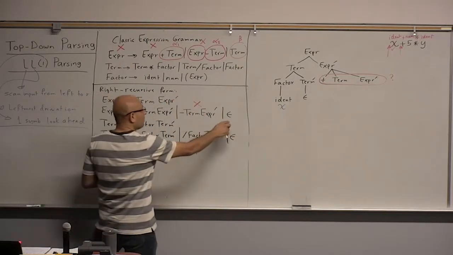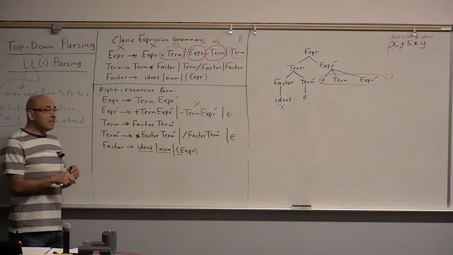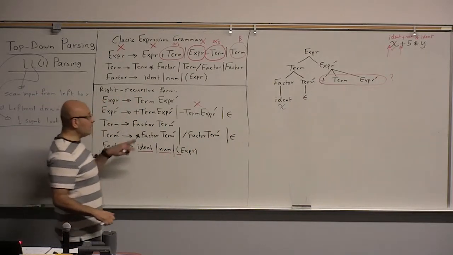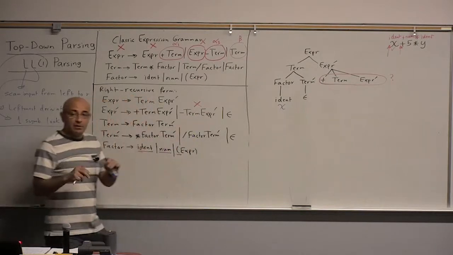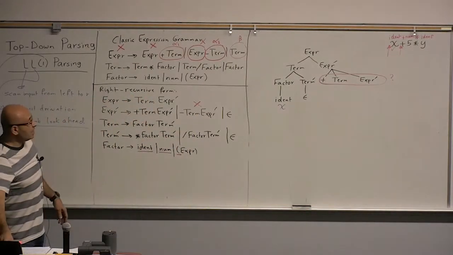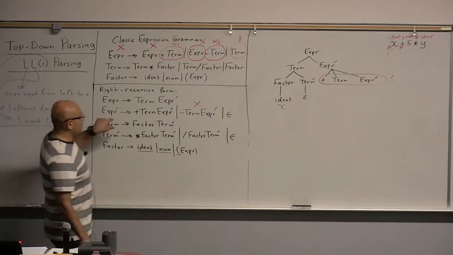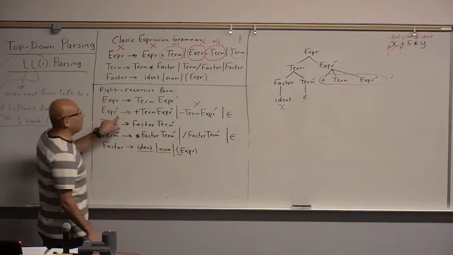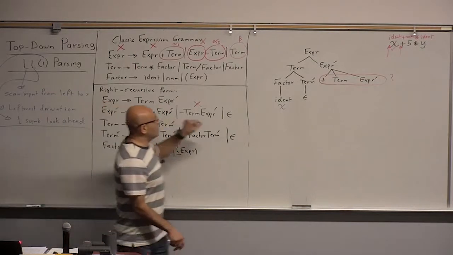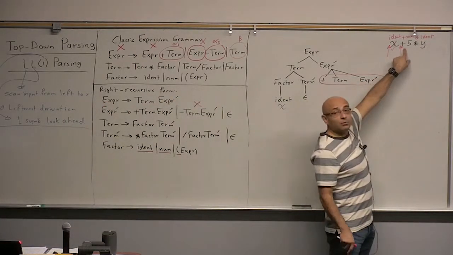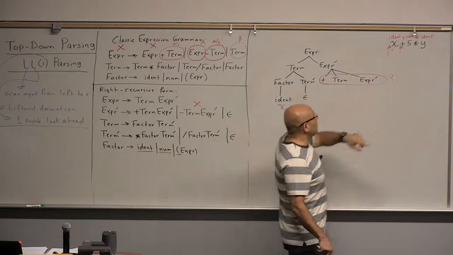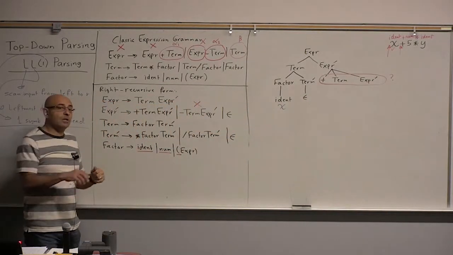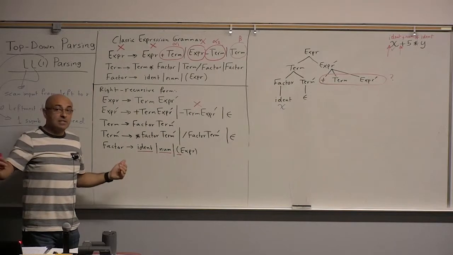But what about the epsilon? The epsilon is not necessarily a bad substitution, because it could be possible. It's not possible in this particular example, but in general, it may be possible to substitute epsilon, which is nothing, for expression prime, and then the plus that we are seeing in the input is not a substitution for expression prime, it's a substitution for what comes after expression prime.